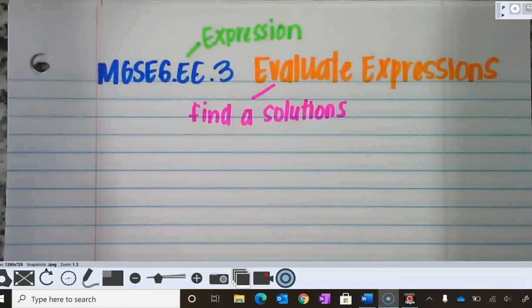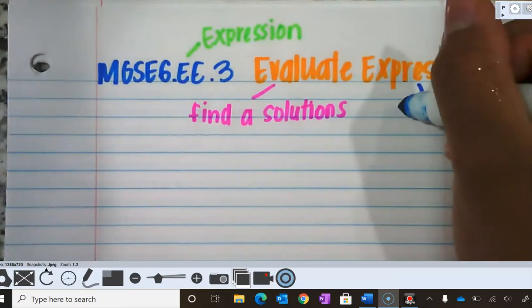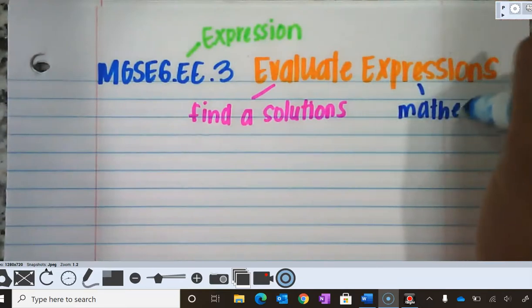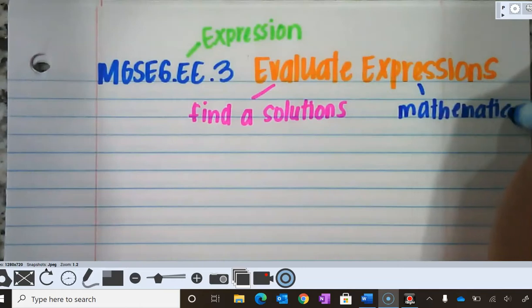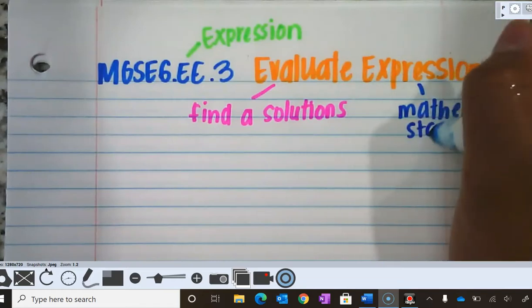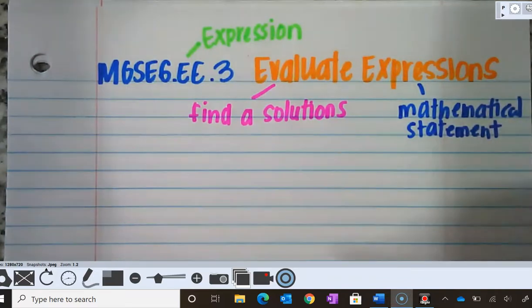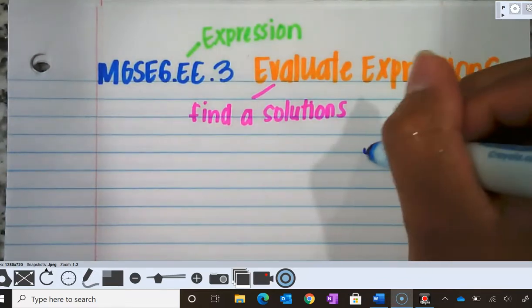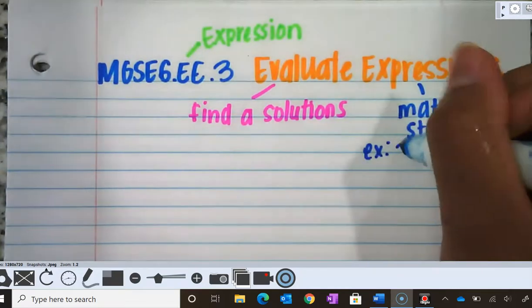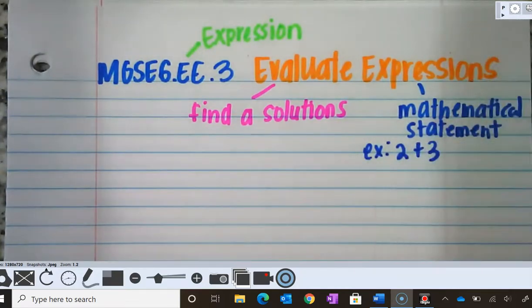Now, what is an expression? An expression is just a mathematical statement. For example, a mathematical statement could simply be 2 plus 3.